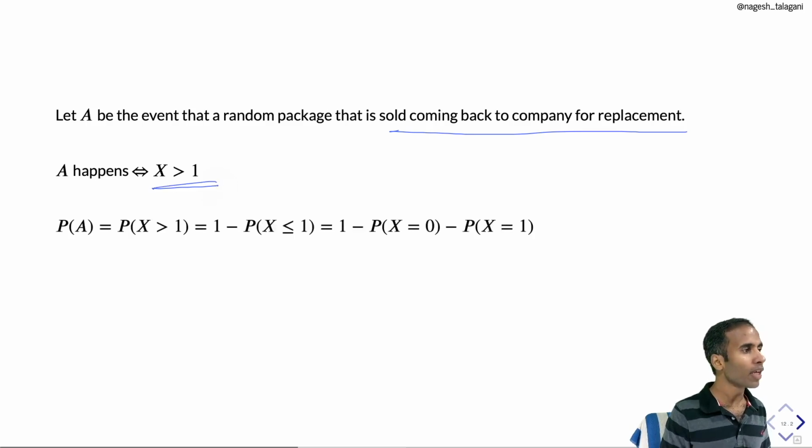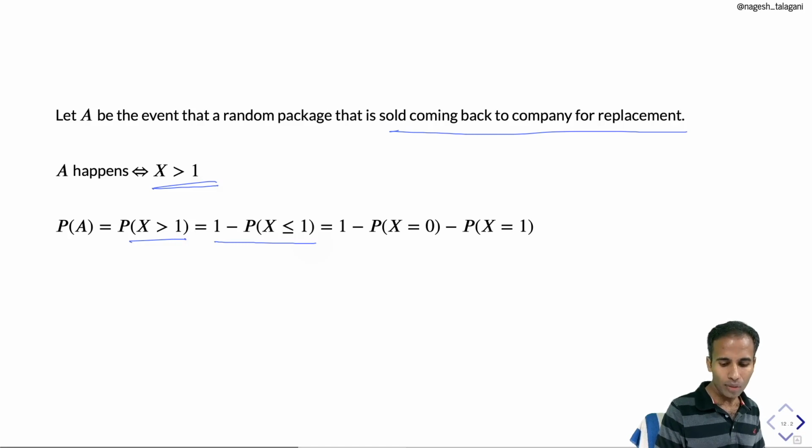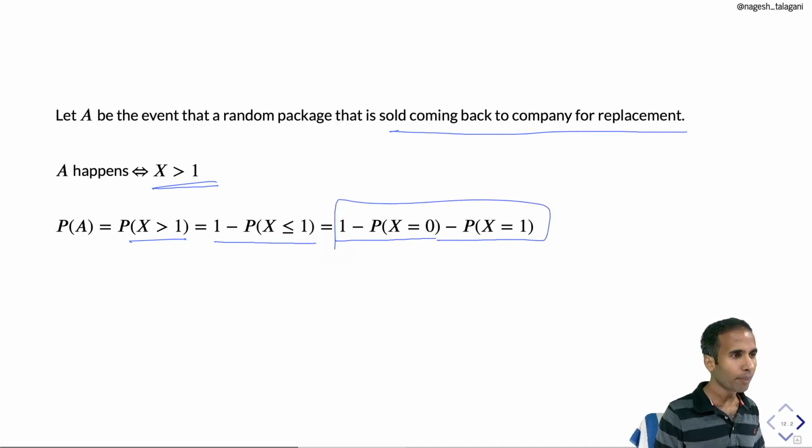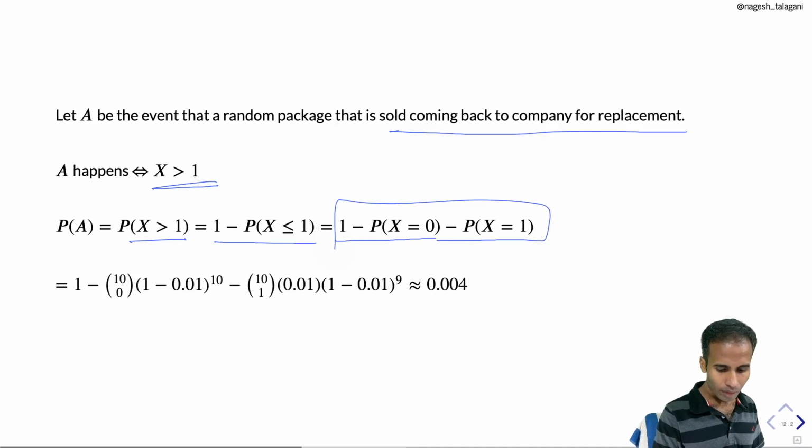So the probability of A is going to be the probability of X bigger than 1. This we can write as 1 minus probability of X less than or equal to 1. X less than or equal to 1 means X can be either 0 or 1. So it's going to be 1 minus probability of X equal to 0 minus probability of X equal to 1. Now using the binomial PMF, we can write these probabilities.